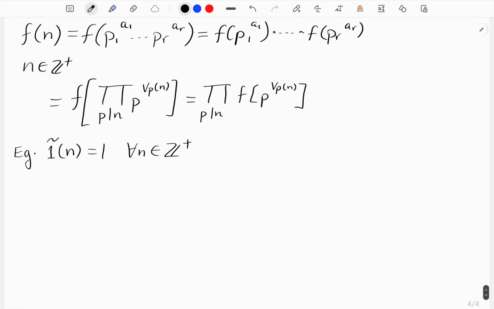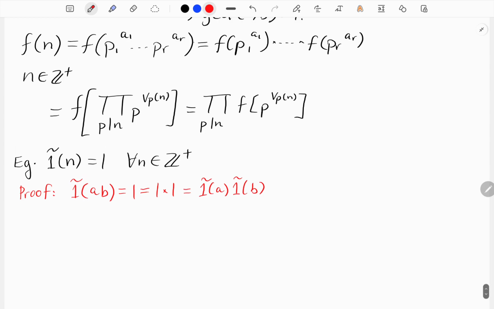This is multiplicative, or actually it's completely multiplicative. And the proof is not too hard, because if you have 1 tilde of ab, this is just 1, right? ab is just some other integer, and it maps to 1. 1 is equal to 1 times 1, which is equal to 1 tilde of a times 1 tilde of b.